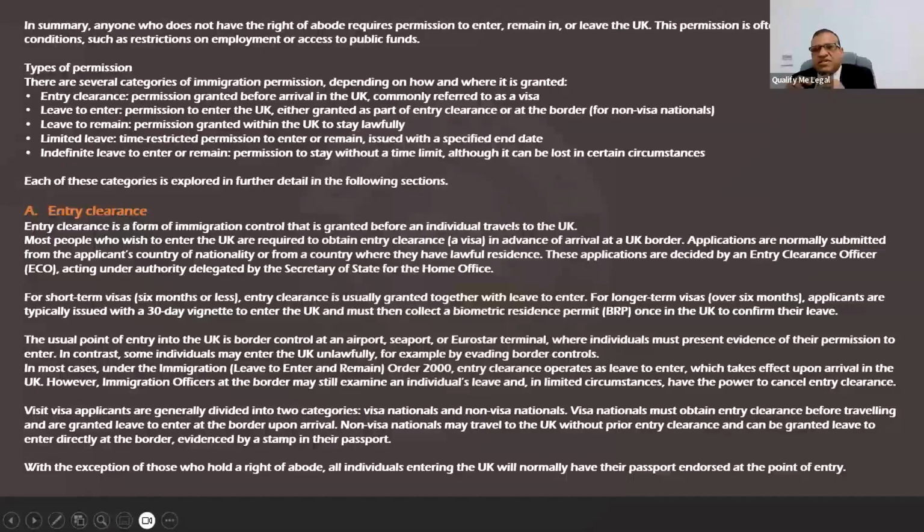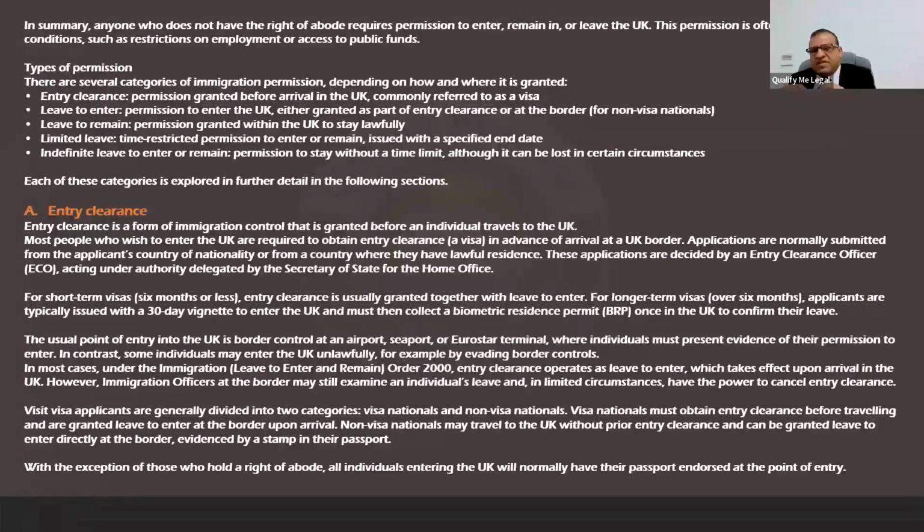anyone who does not have right of abode would need permission to enter, remain, or live in the UK. On top of that, let me further add that those people who do not have right of abode, who are not British nationals, are not allowed to use public funds.